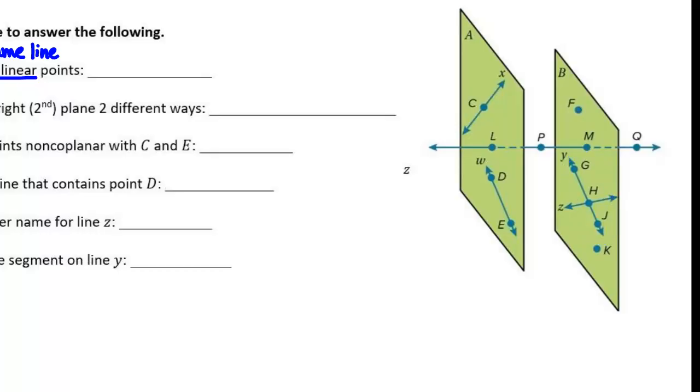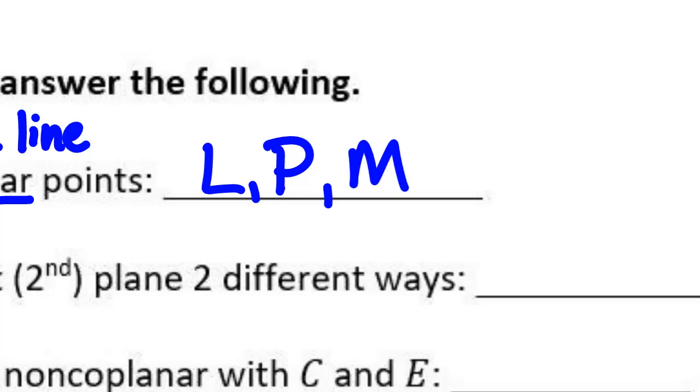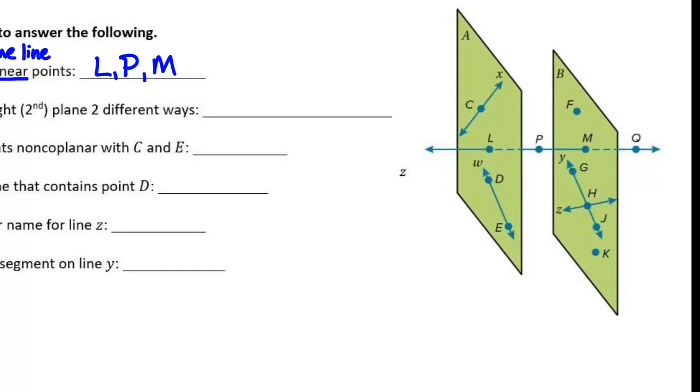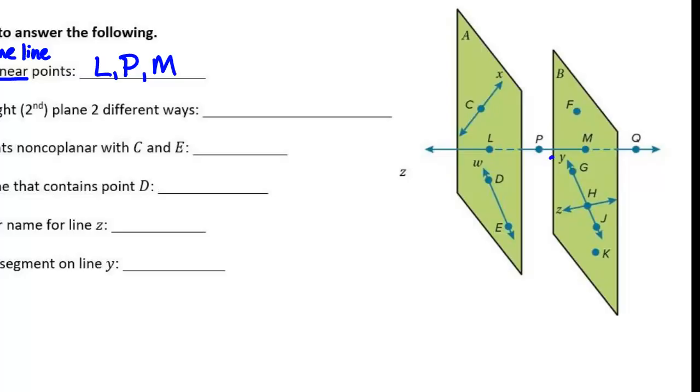Yes. LPM is the first thing I heard, so let's go ahead and write that down. LPM. There are 2 different lines that you can look at for this. One of them is this line right here. You can pick 3 of those 4 points. It only asks for 3 collinear points, so we picked 3 of them off of that line. Or you can look at this line here, G, H, and J. That would also work.